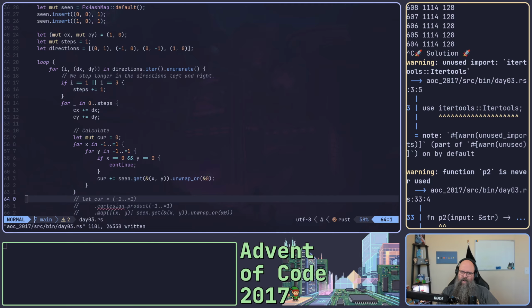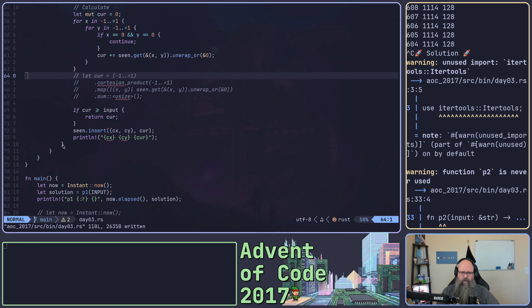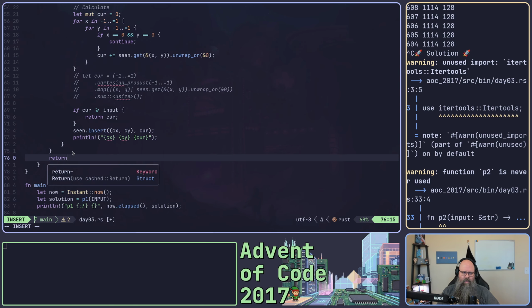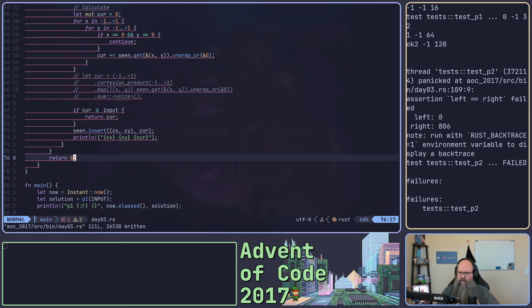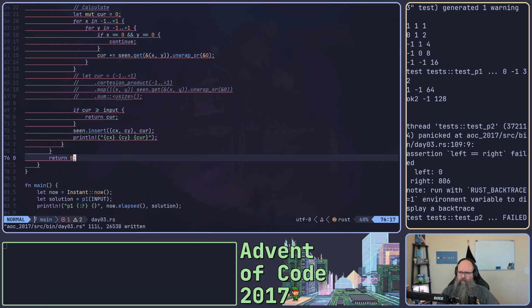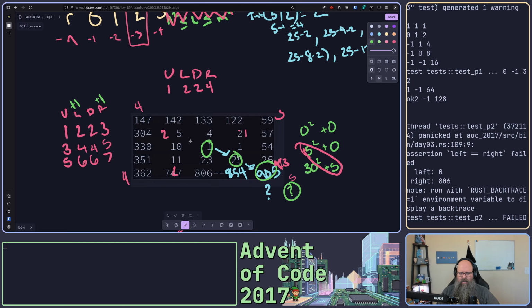So is my stepping wrong? Let's just do one loop and see what we get. 1, 1, 0, 1. Okay, so we're at 0, 1. We go to 1, 1, which is correct.